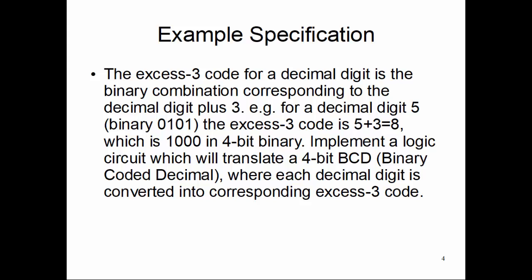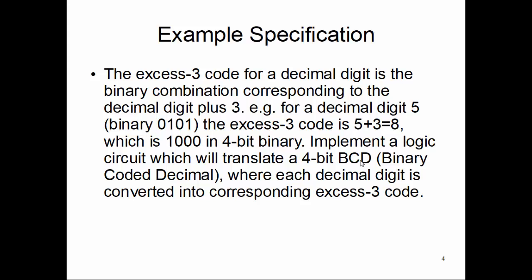So implement a logic circuit which translates a 4-bit BCD, which is binary coded decimal. That means in binary coded decimal, I can have values from 0 to 9. Just to give you a hint, you can search Google for what a BCD is.